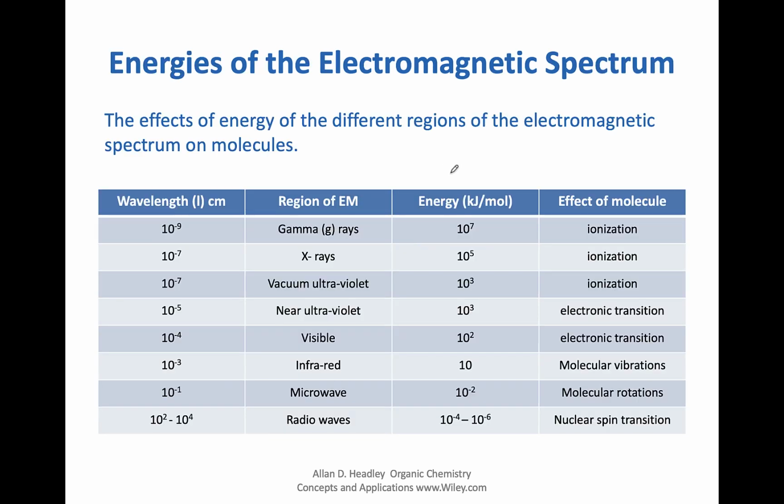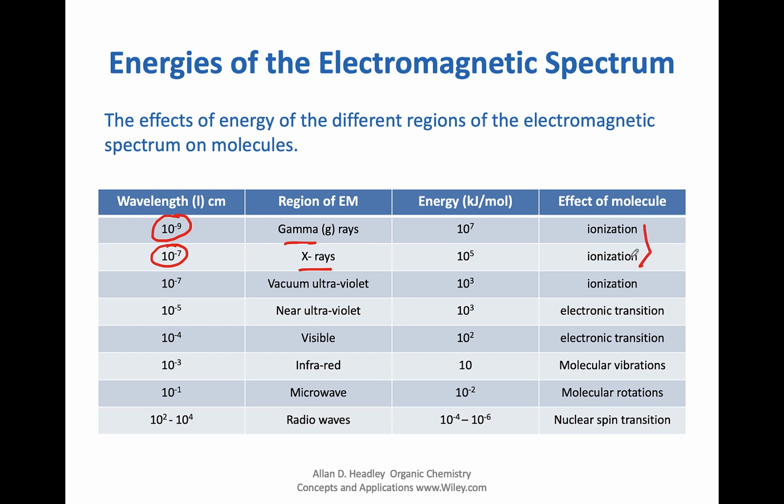So let us look at how this can be broken down to give you the effects on molecules. Here is 10 to the negative 9, very short, that's the gamma ray. 10 to the negative 7, X-ray, very short.